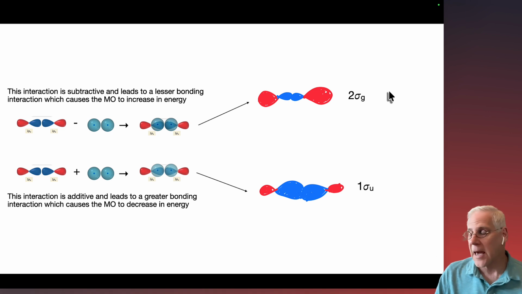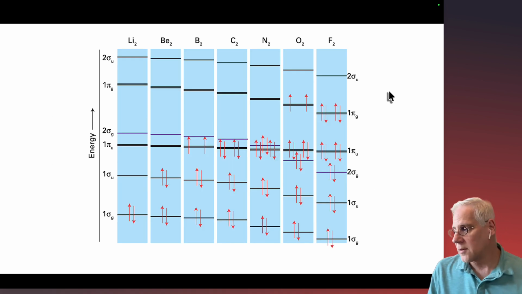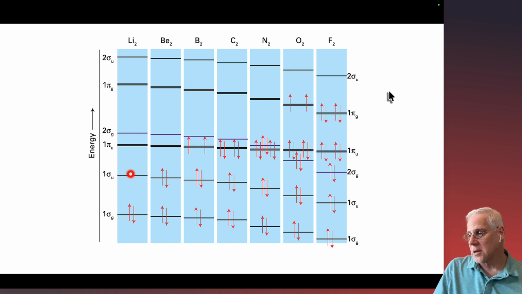When we start looking at molecular orbital diagrams and labeling them, we'll see that this actually is what's called the 1 sigma U, and this is what we call the 2 sigma G orbitals for boron, carbon, and nitrogen. So the impact that this has, here we see this 2 sigma G, and here we see the 1 sigma U. We see that as we go to heavier atoms, the energies of the various atomic orbitals, even though this is essentially the same one, they all start to decrease.